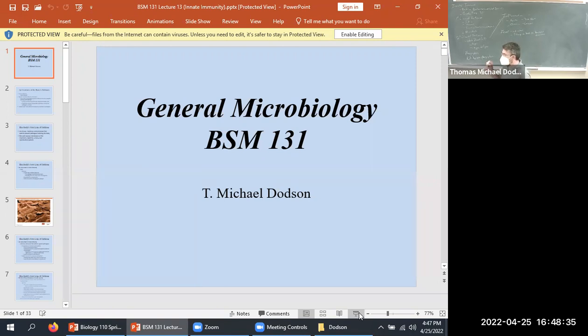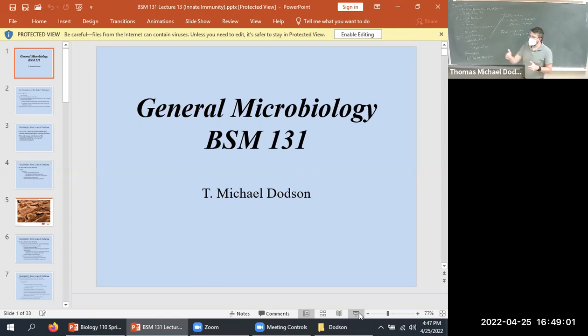So I think it's like 10 slides of adaptive immunity. We covered a little bit of that in here because the white blood cells are going to go into the adaptive part. But when we finish, whatever time we've got left, we're going to talk about COVID and vaccines as kind of the example of how that adaptive immunity works.